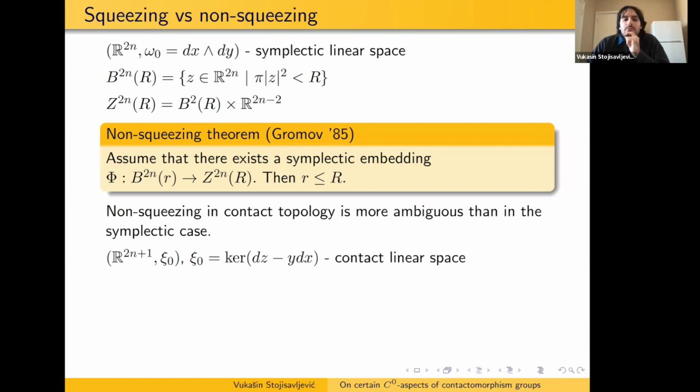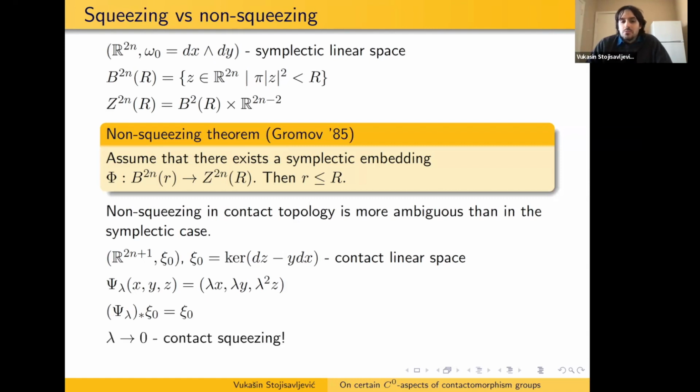I look at the contact linear space. So it's odd dimensional and has this contact structure given by the contact form on the slide. And then immediately we can see that if I take the following map, scaling by lambda, and in the z direction scaling by lambda squared, then it preserves the contact structure.